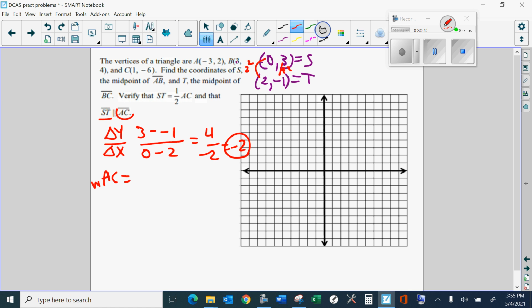Slope of AC. Change in y, 2 minus -6 over change in x, -3 minus 1. Gives me 8 over -4, which simplifies down to -2. Now I've shown that they're parallel. This is what you must do. That's algebra 1. Both those are algebra 1.